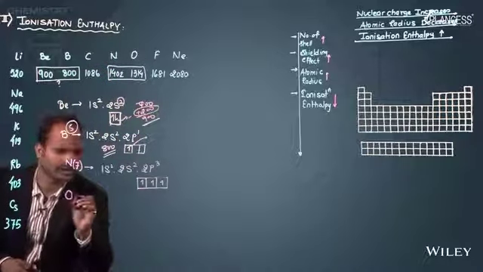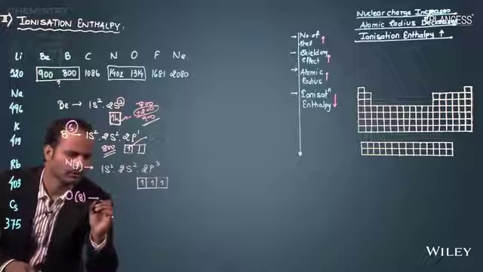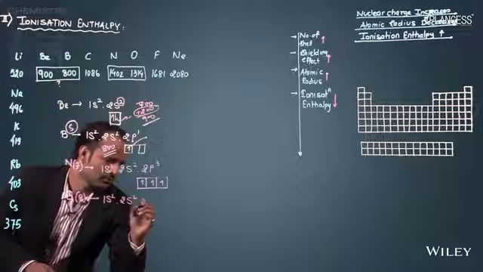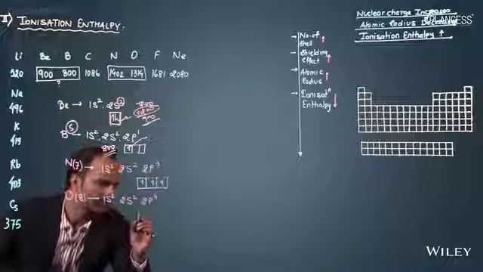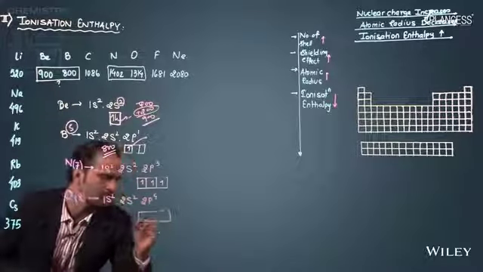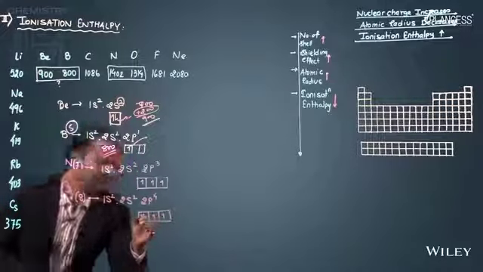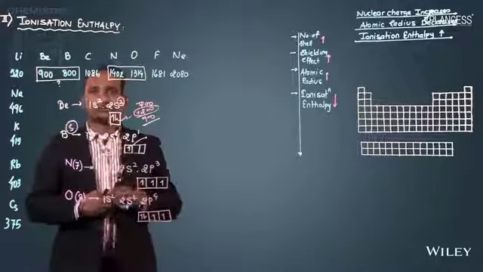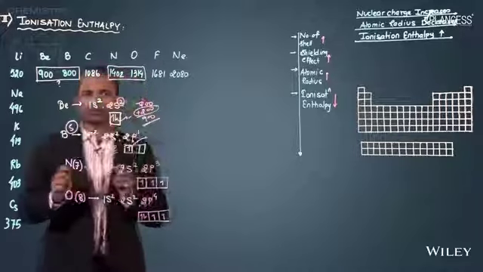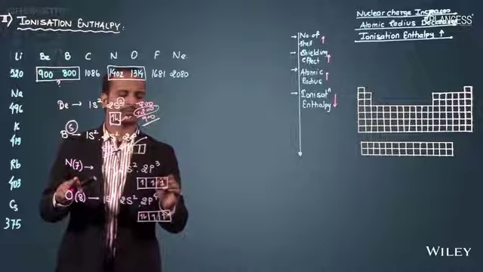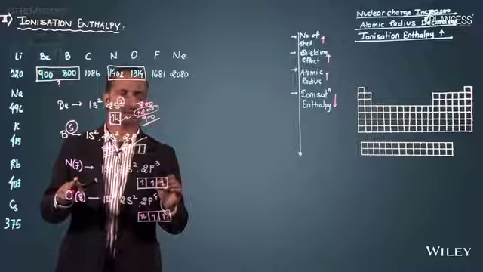Atomic number for oxygen is 8. Configuration is 1s2, 2s2, 2p4, so 4 electrons in the outermost orbit. First, all the electrons will enter singly and then pairing. So if you want to remove the last electron from nitrogen, this electron will be removed.